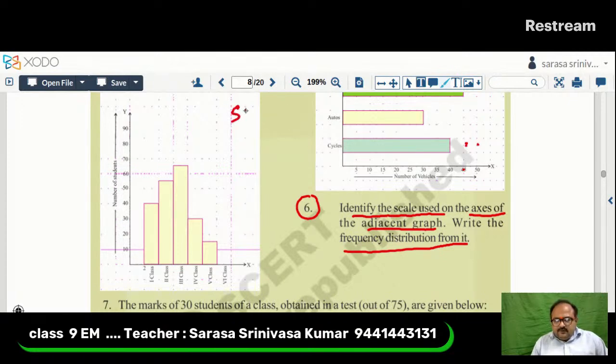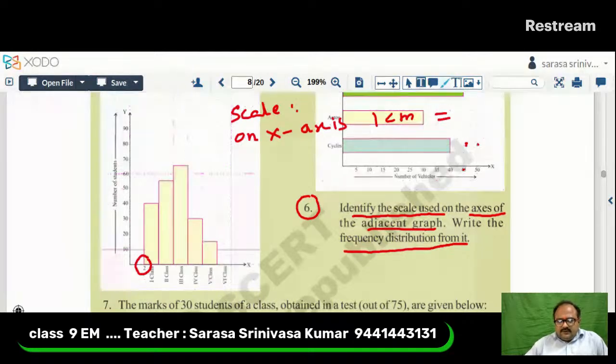Here we should write scale on x-axis. 1 centimeter equal to, if you observe, it starts with 2. Let us observe this. What is the first one?